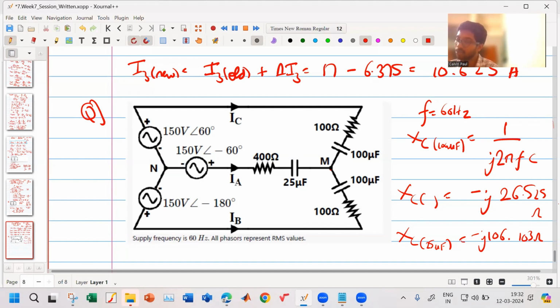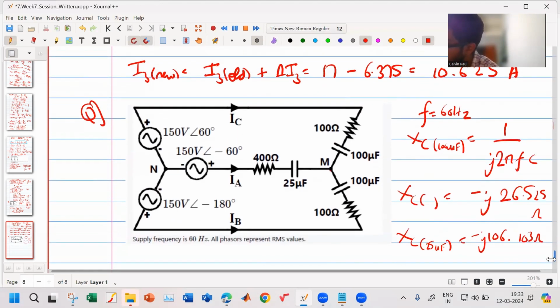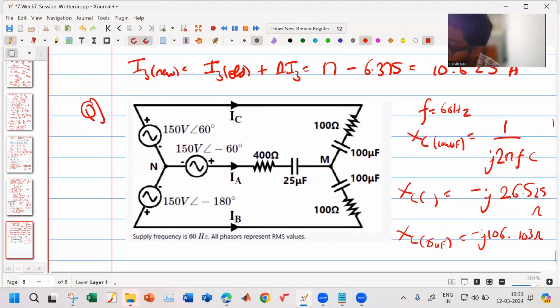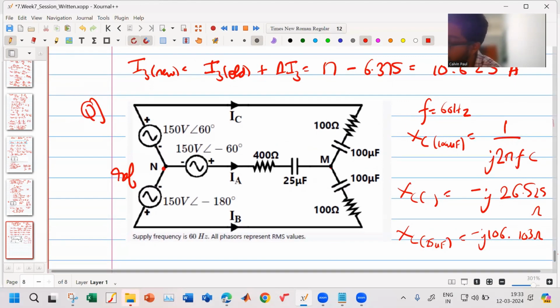Yes, there are only 2 nodes, so you will have only one equation. One will be the reference. So let us assume this is your reference node.